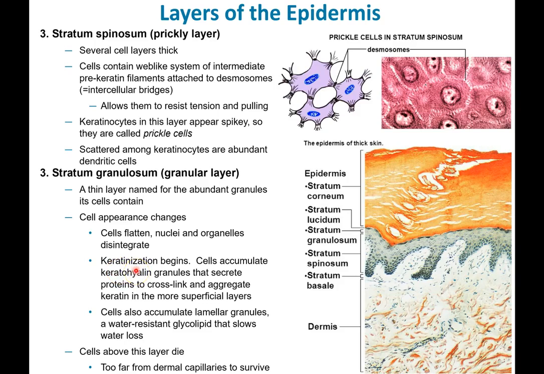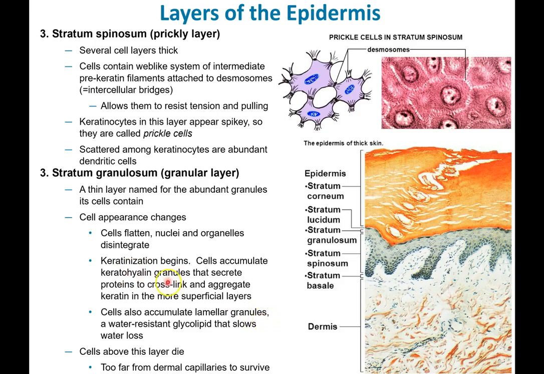Keratinocytes in the stratum granulosum will exhibit a drastic change in their appearance, where the cells flatten and their nuclei and organelles disintegrate. These keratinocytes also accumulate two types of granules, keratohyalin granules and lamellar granules.